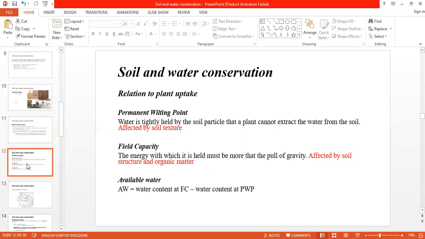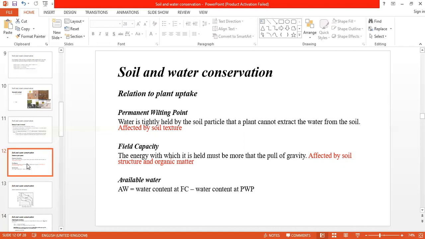For the plants to extract it, the plants have to use energy to detach the water from the soil. So different plants will have different capabilities. Some plants will have higher capacity to extract than others.